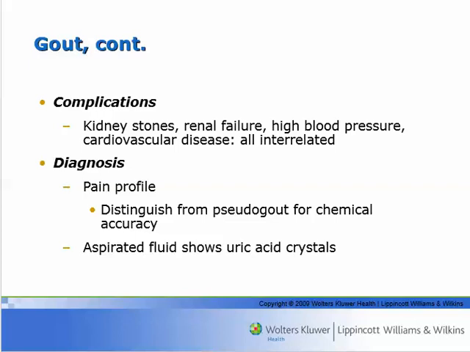Every time I read this, and even going way back to the early 80s when I first was taking this, they talk about aspirated fluid showing the uric acid crystals. And that just blows me away. When you see somebody with gout, they can't wear a shoe, even the weight of a bed sheet across their toe causes extreme pain.